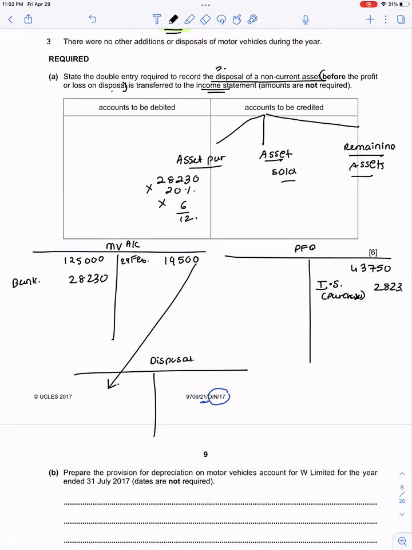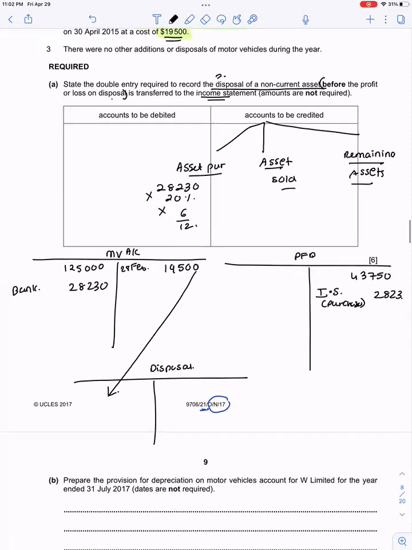First, from cost, I will remove the cost, right? So I'm removing the cost of the asset sold. I'm crediting the motor vehicle account. And where will I debit it? In the disposal account. 19,500.